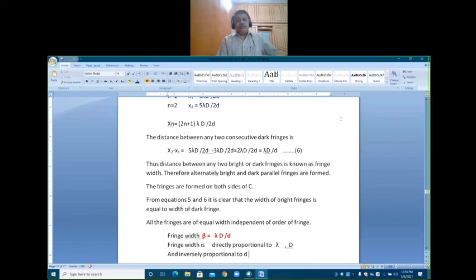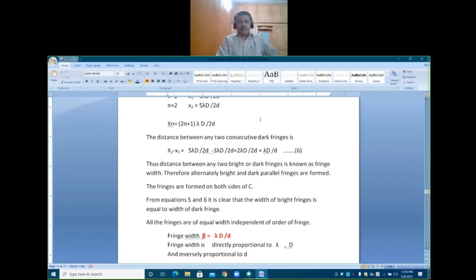We have also seen Young's double slit experiment, which clearly explains the phenomenon of interference, and we also went through a derivation, that is the theory of interference fringes. We tried to derive an expression for fringe width, that is beta equal to lambda D by d.